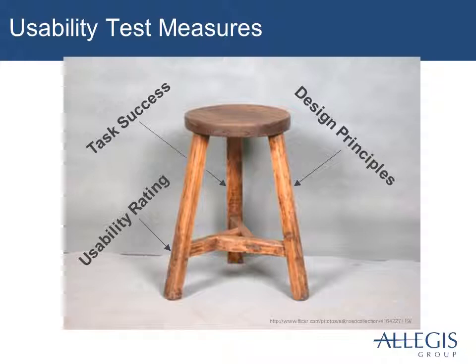The second thing that we will often collect is what we call a usability rating. So that's a satisfaction measure. At the end of a usability test, oftentimes we're going through questions that we ask that are qualitative in nature but allow the end user to kind of quantify their feeling about what the experience was like.